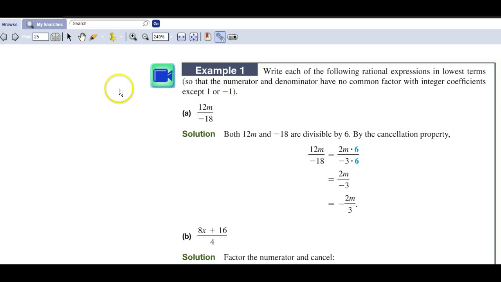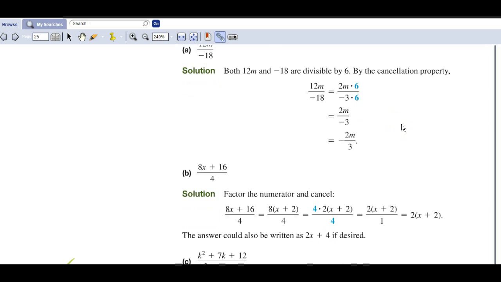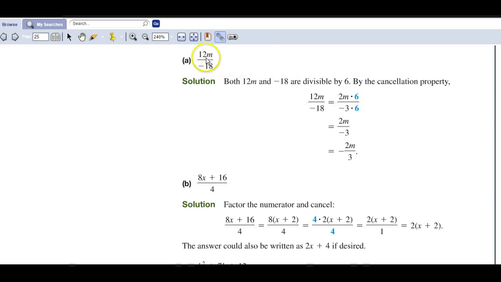Now I could write these out, but I see they've done it pretty well, and I will keep that in mind if I have to do it. So 12m over a negative 18. Well, the first thing you should look at is what will the sign of our end result be? When you divide a positive by a negative, the result is negative. So we know there's going to be a negative in our final answer.